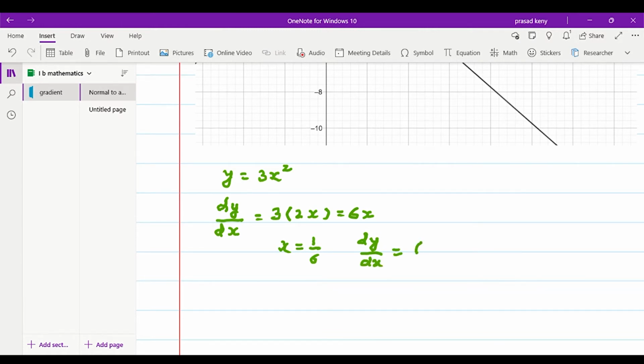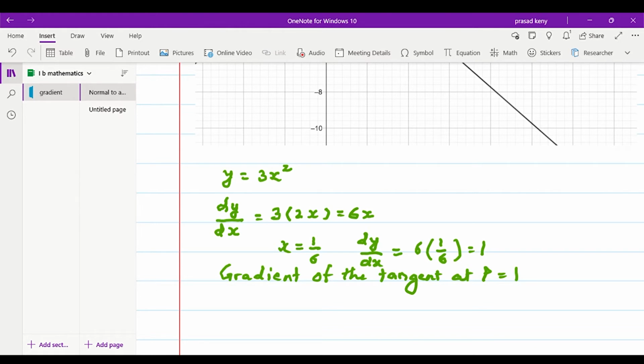So 6 into 1 upon 6 is equal to 1, which means the gradient of the tangent at P is equal to 1.